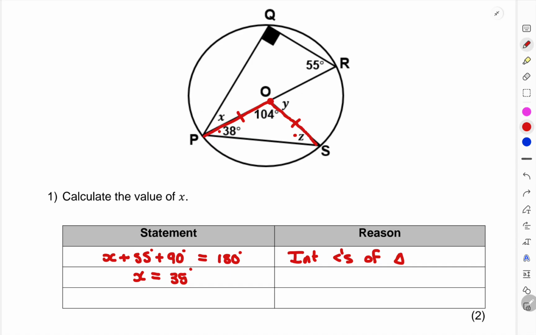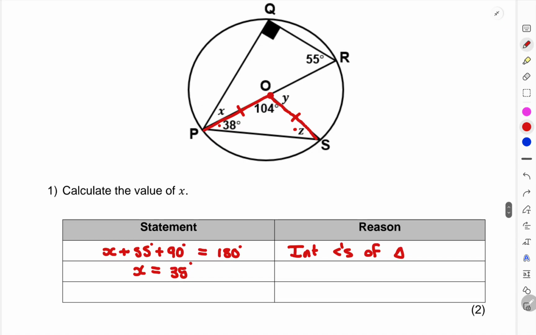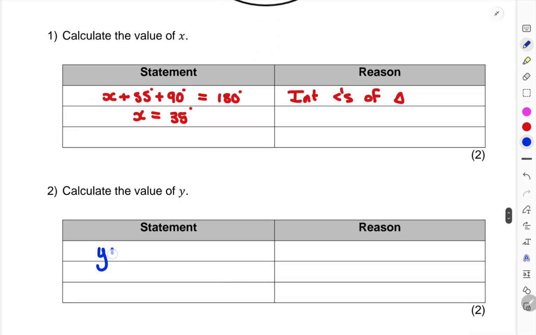Okay, so let's quickly see for y. Y is very easy. Can you see that it's lying on a straight line? So y plus 104. I don't know why some students always forget the angles on a straight line.